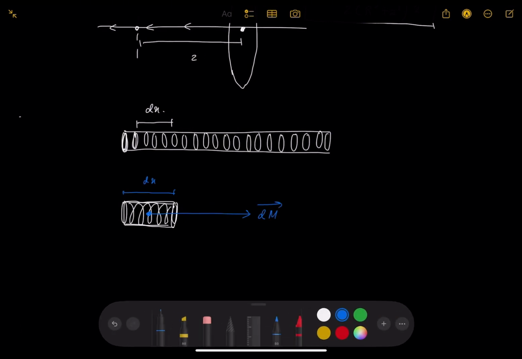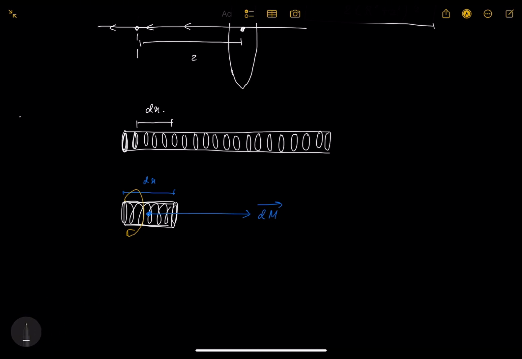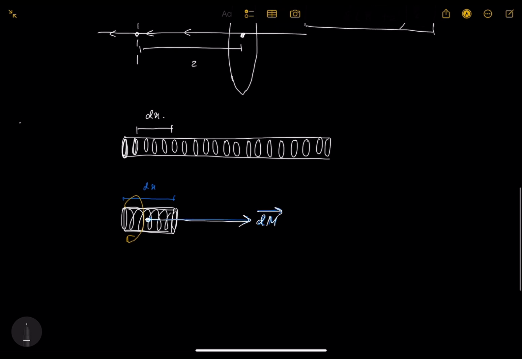And how did I assume that direction? Well, we've been given the direction of current as clockwise, and you may use Fleming's right-hand rule. Just curl your fingers around the direction of current and you will obtain this. So is there any way we can link dm to dx? Well, by standard formula, we know that the magnetic moment vector is given by NIA, right?